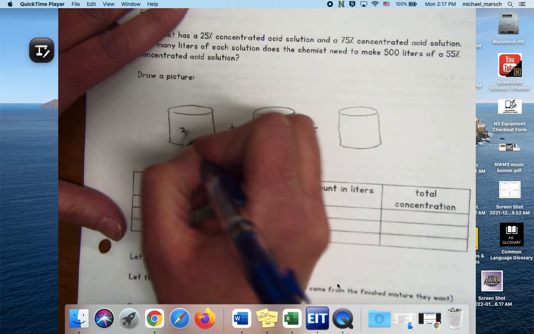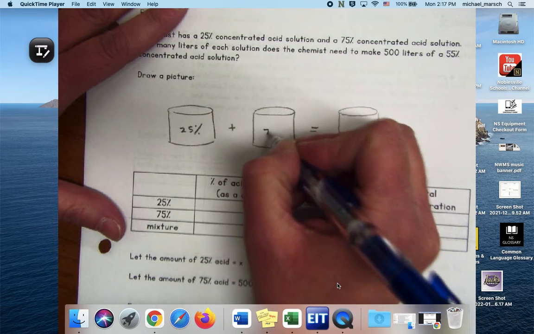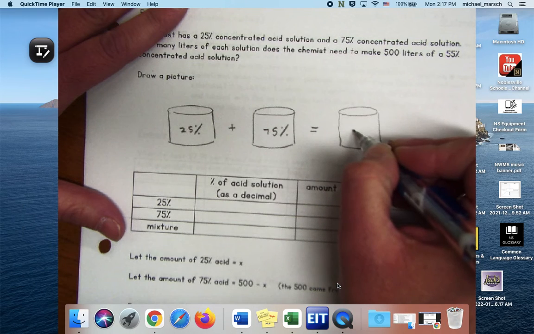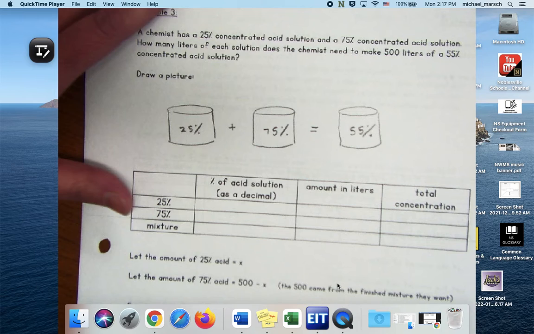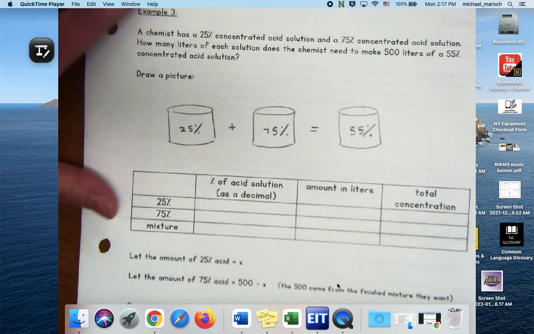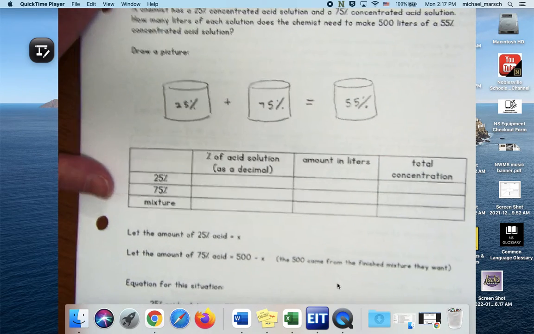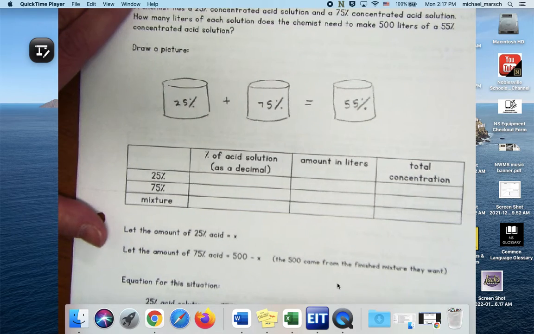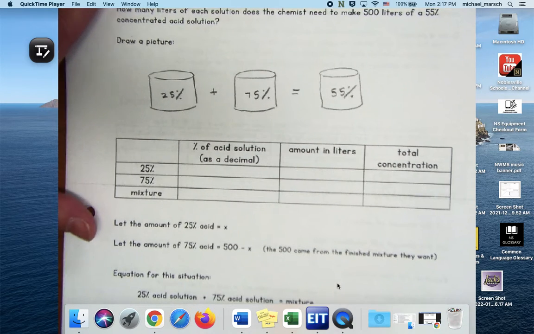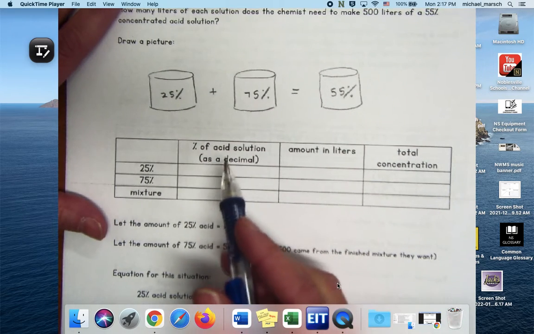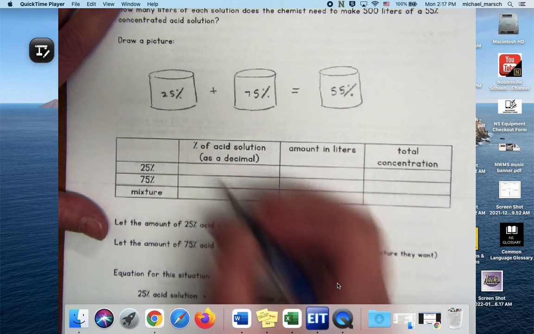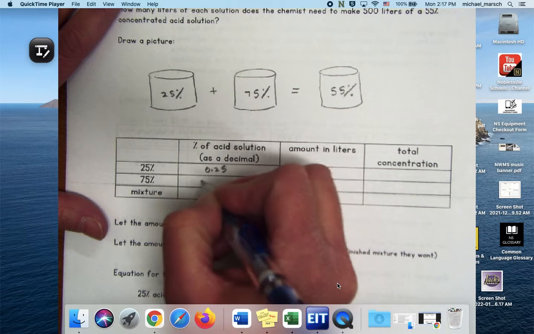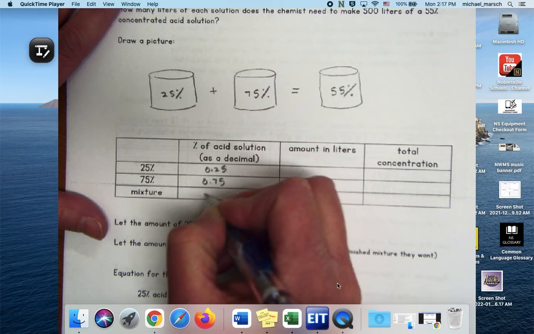So we have a 25% plus a 75%, and we want that to equal 55% concentrated solution. So this first column is pretty basic. We're just going to rewrite these numbers as decimals. 0.25, 0.75, 0.55.